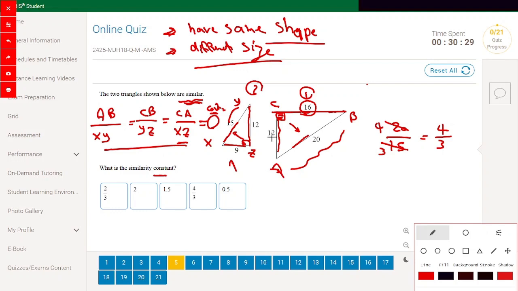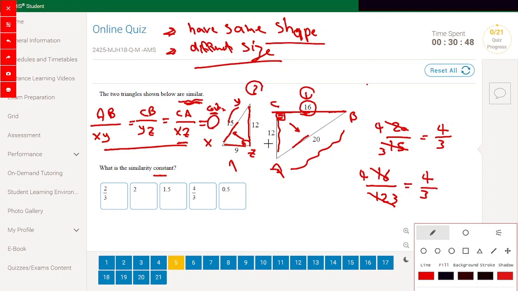Let's take one of the other sides, CB, which is 16, divided by YZ, which is 12. Divide by 4, 3 and 4, so it will be 4 over 3.